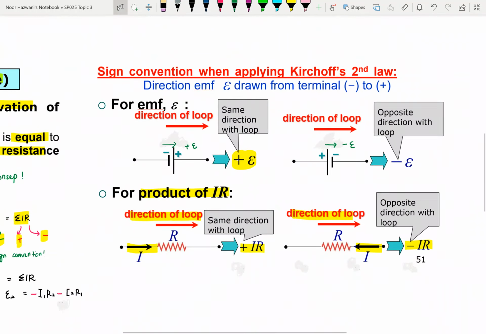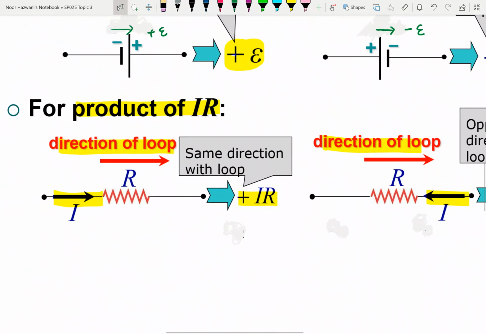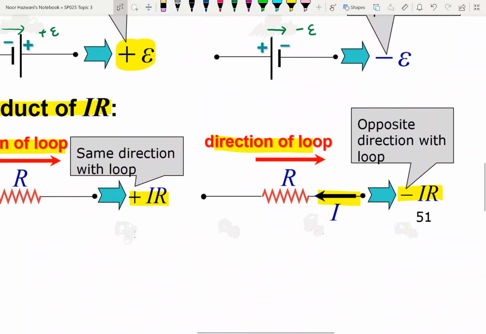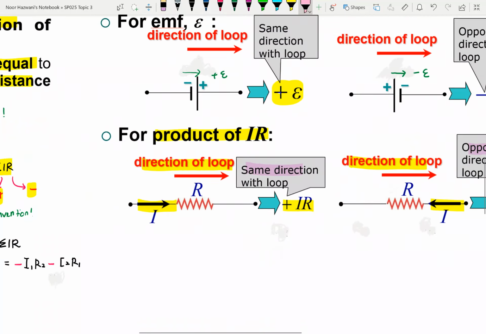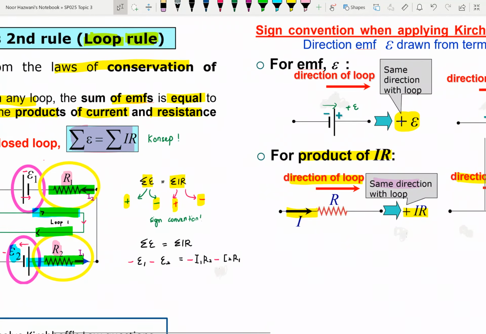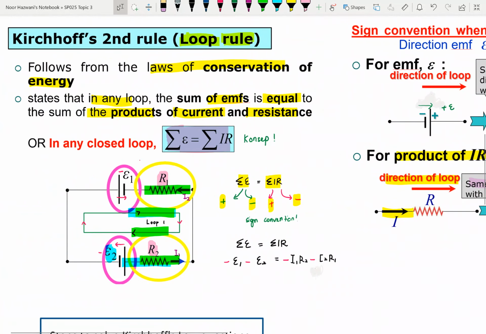So senang je lah. Tetapi kalau untuk IR, you kena tengok both, direction of loop dengan current. So kalau current dengan loop you adalah same direction, positif. Kalau you punya loop dan juga current you opposite direction, so dia akan jadi negatif lah. Tak apa. Ini kita just baru introduction. Nanti bila dah buat tu baru kita nampak lebih jelas lah.